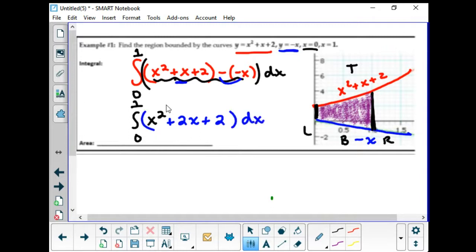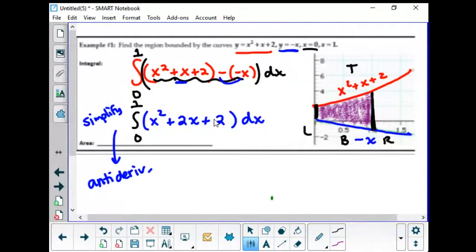Sorry, I know it's driving you crazy because I'm drawing in different colors. You can tell I'm not super OCD about that, as I write things in a million colors every time. So x squared, plus x minus negative x is another plus x, so it's plus 2x total, plus 2. All right, so simplify by combining like terms, good plan, if possible.